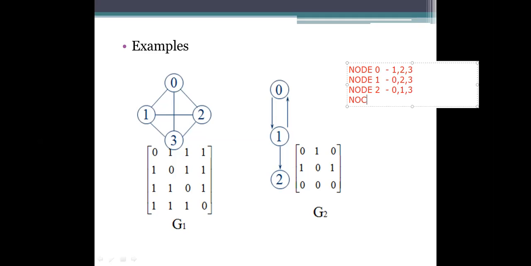Next node 3. Here we are using 0, node 1, and then next 2. How many edges are there here? 3. Here also 3. Here also 3.